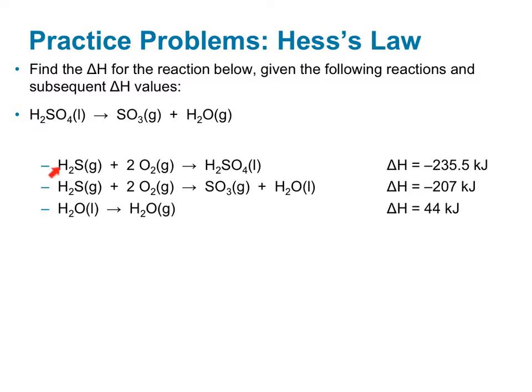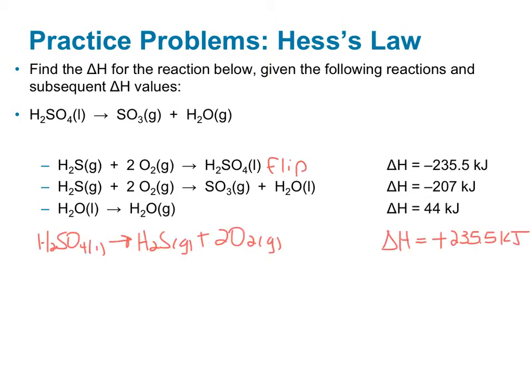So looking at equation number 1, I don't have any H2S or O2 in my equation, but I do have H2SO4, but the H2SO4 needs to be a reactant. So I'm going to flip that first equation. So you can see here I flipped the first reaction.